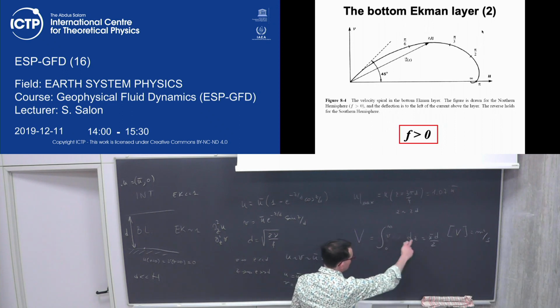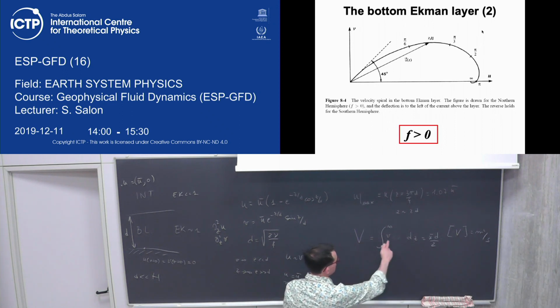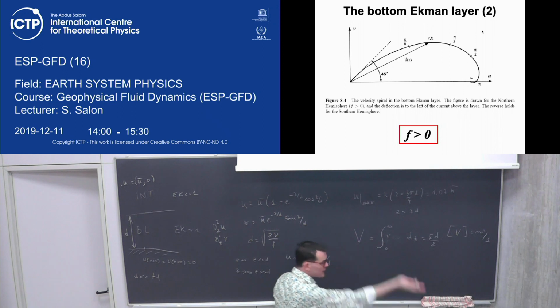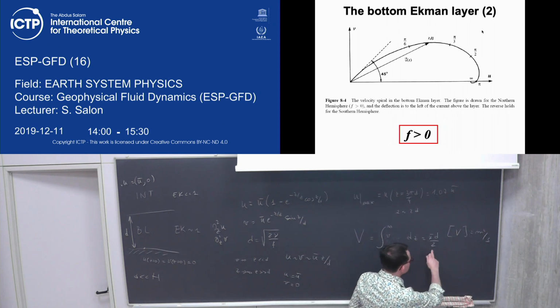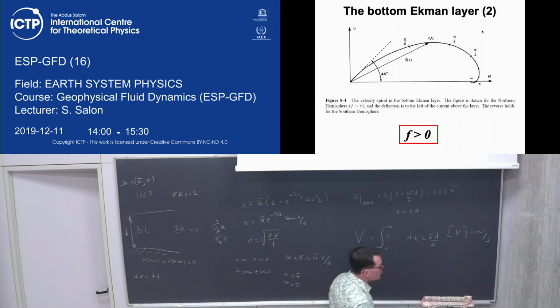So if I integrate the transverse velocity over the entire flow, the entire water fluid column, I obtain an effect which is concrete and measurable over the entire fluid column.